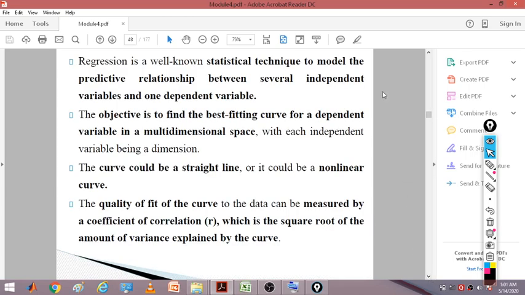In previous topics in machine learning, we learned that the output target label would be either yes or no. You have some unique values which are defined.